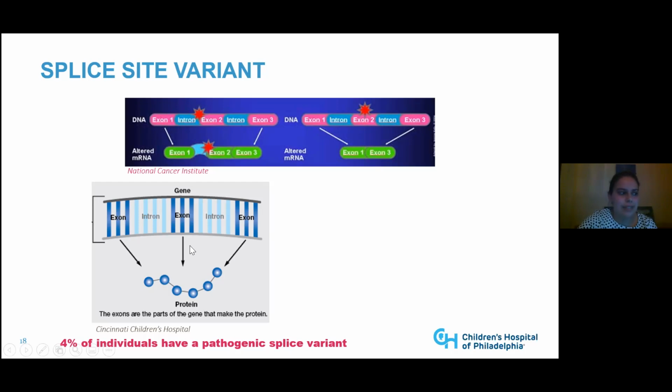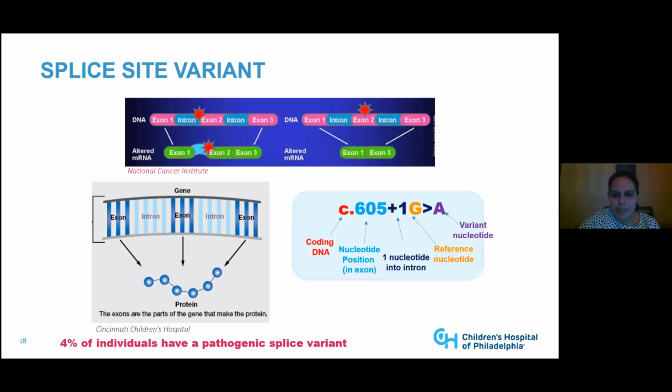What a splice site variant does, you can see what this looks like on a report here. What it does is it changes the way the body puts the exons together. And again, the exons are those coding regions that actually make the protein.